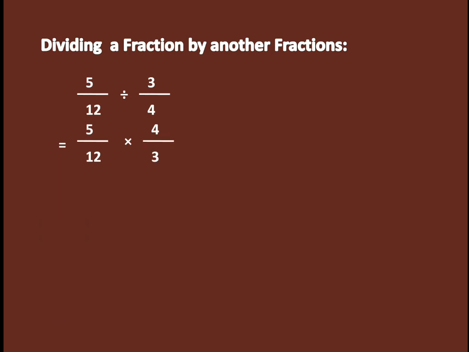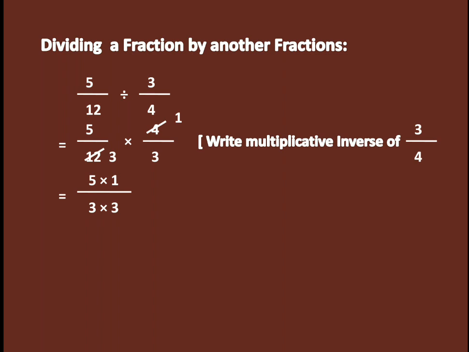Write here multiplicative inverse of 3 by 4. Now 4 ones are 4 and 4 threes are 12. So 5 into 1, 3 into 1 is equal to 5 by 9. Here 5 by 9 is the answer.